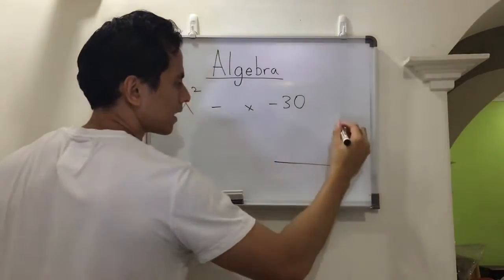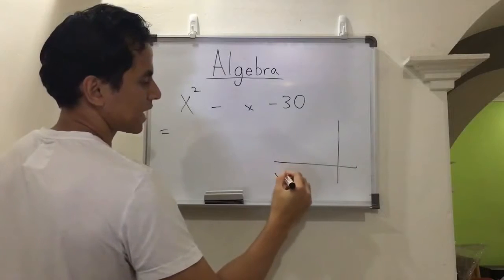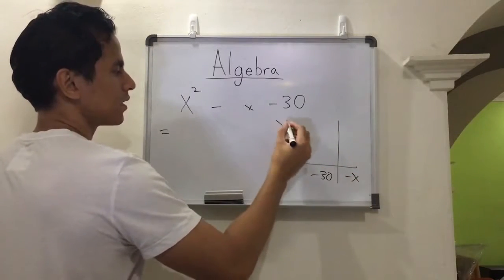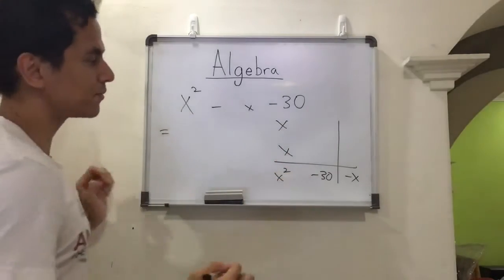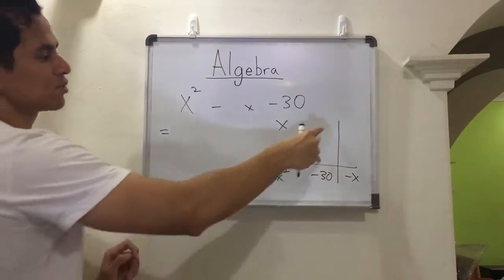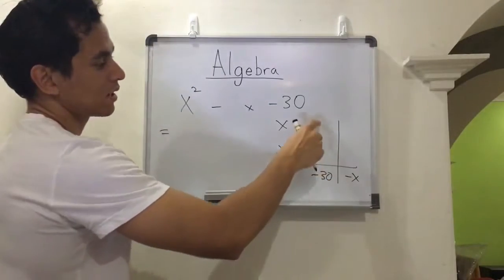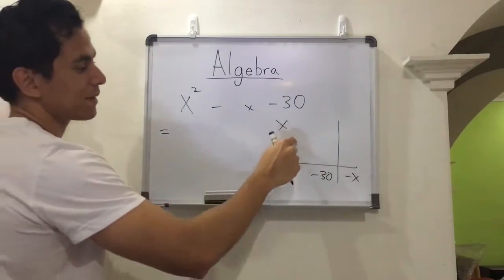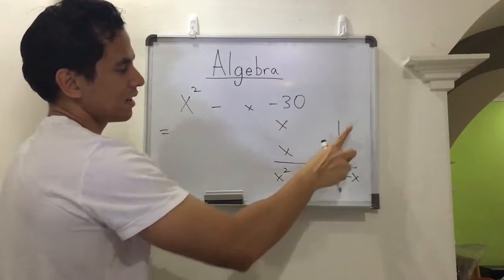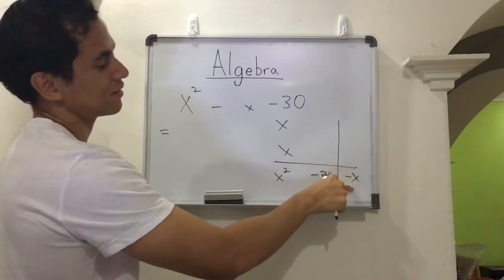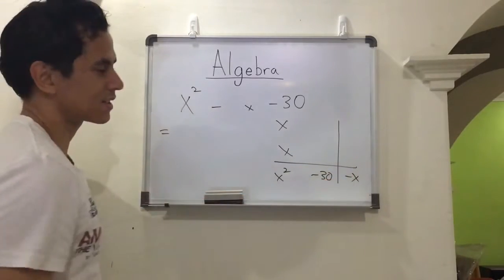So put the cross, put the x squared minus x minus 30. So x times x giving us x squared. And then we have the 4 terms to input here. We are going to choose 2 numbers whereby once multiplied by the x's, we get the result. We add them together and the result should be minus x.